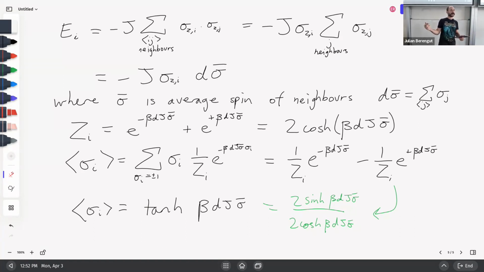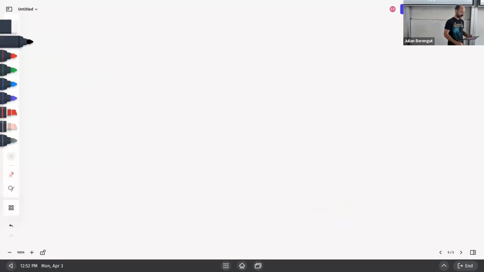So if this is going to be true for all of the spins, then all of the spins should have the same average value, sigma bar.